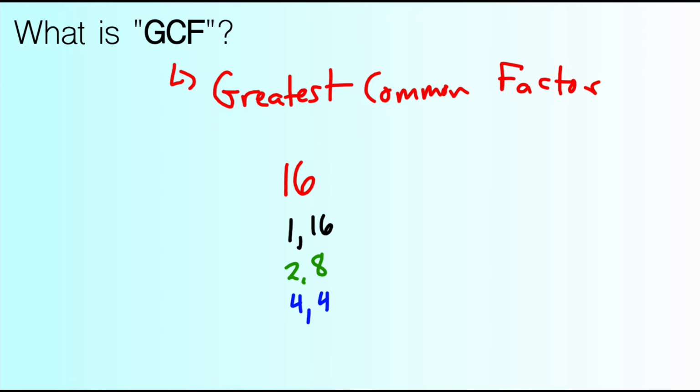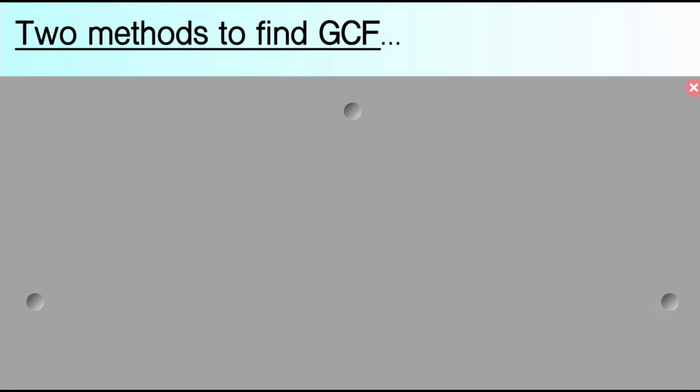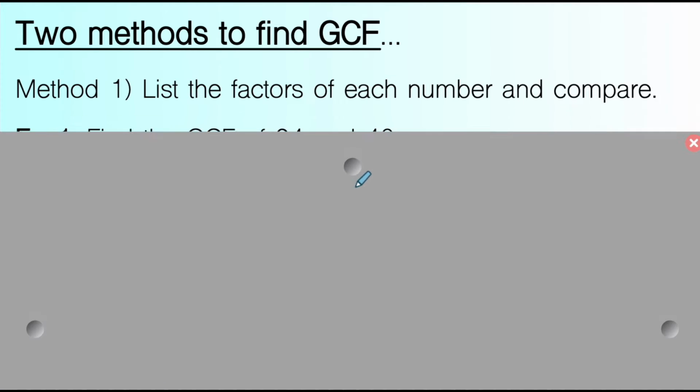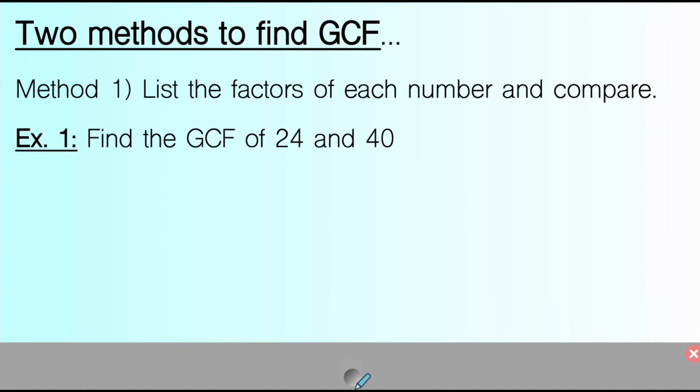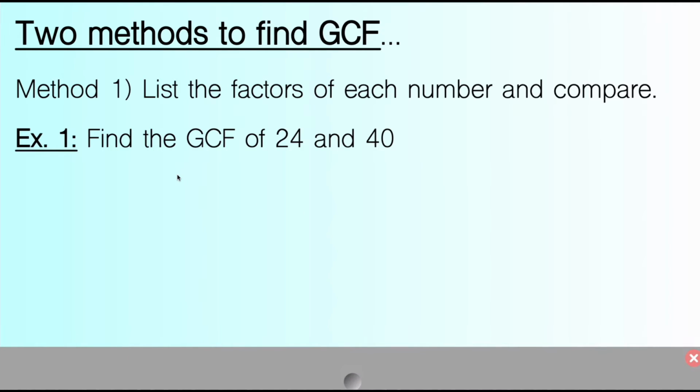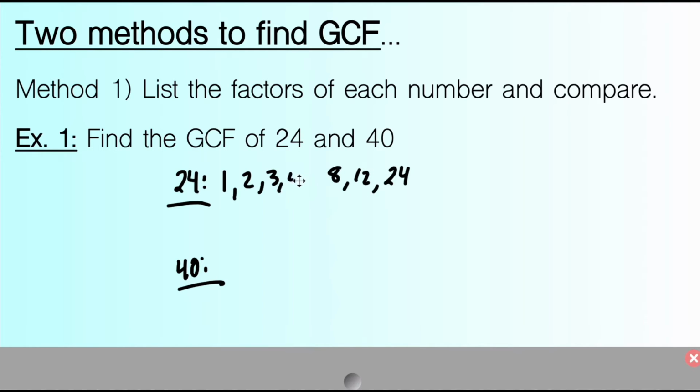Now, I gave you some strategies for finding the greatest common factor. The first one was you could make a list of the factors of a set of numbers and then compare that list. So for example, let's say you had the numbers 24 and 40. The factors of 24 are 1 and 24, 2 and 12, 3 and 8, and 4 and 6.